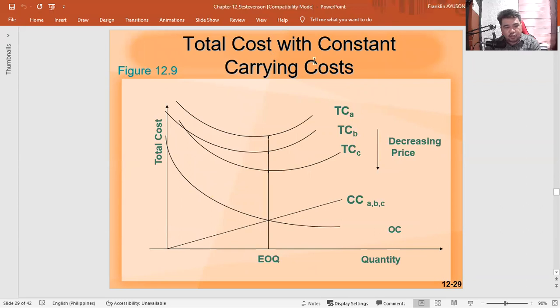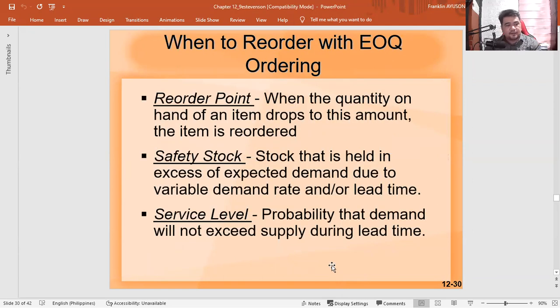So total carrying cost with constant carrying costs. Again, we want to determine our EOQ, which would be the lowest possible total cost. As you can see, if price decreases, our economic order quantity also decreases.